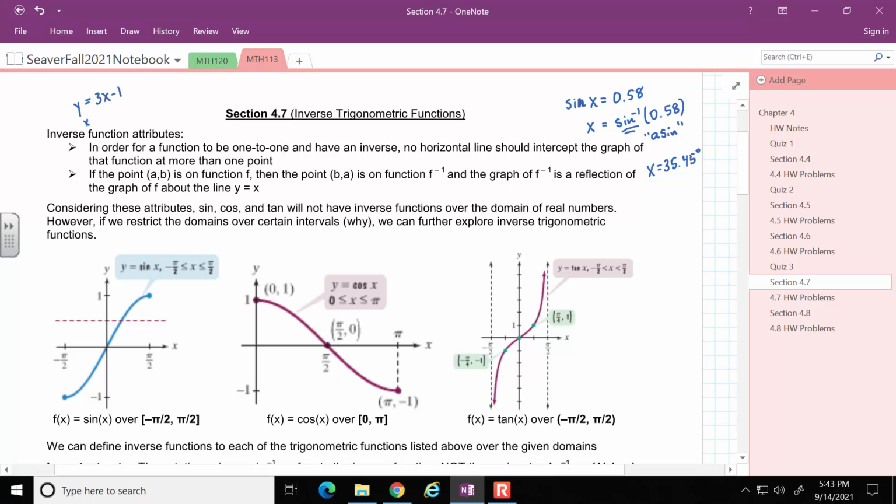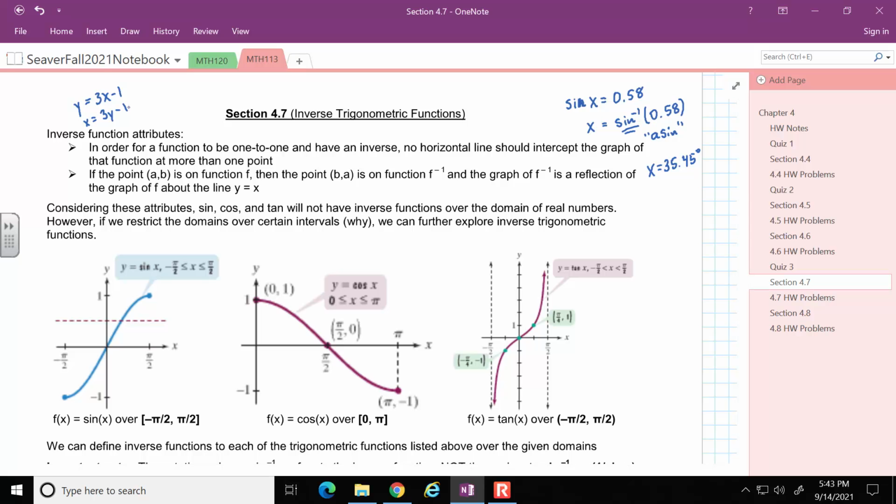So, let's say x equals 3y minus 1, and then you would solve this new function for y, and that would give you an inverse function. You could test that various ways, but really it involves flipping x and y, your domains and your ranges.